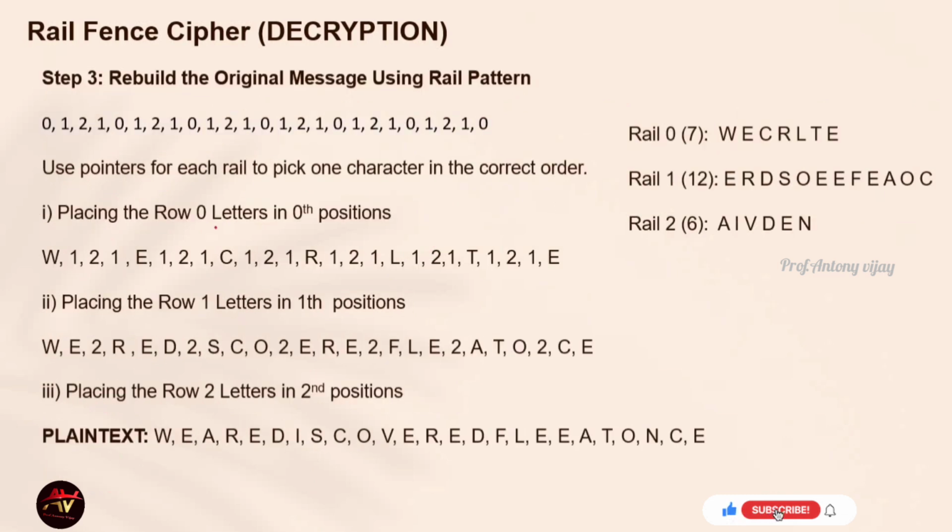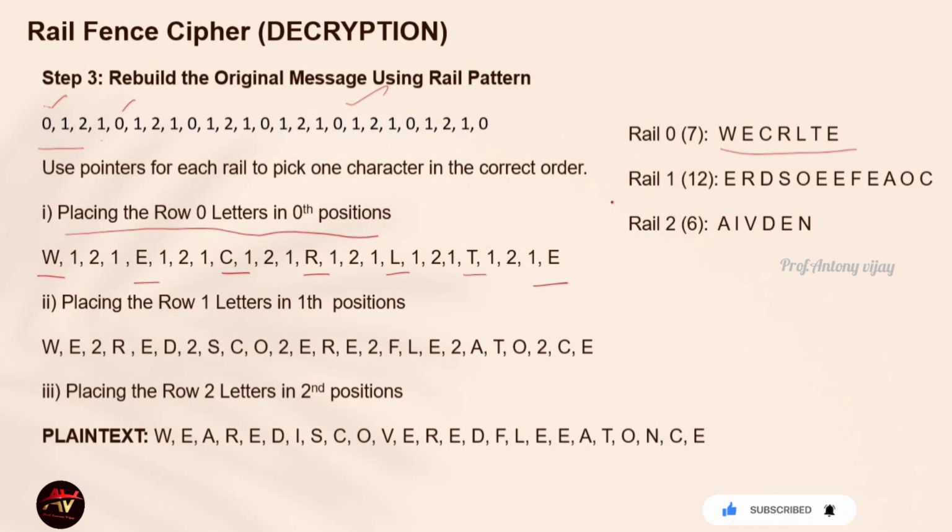In step 3 we rebuild the original message with the help of this pattern, which we have already seen. First we place the row 0 letters in the 0th positions. Rail 0 has 7 letters, so the 7 zeros are replaced with W, E, C, R, L, T, E. Zeros are replaced by rail 0.